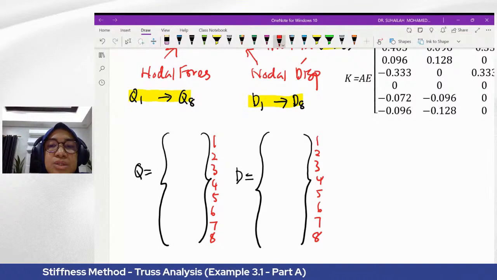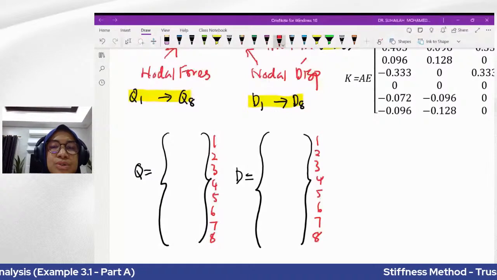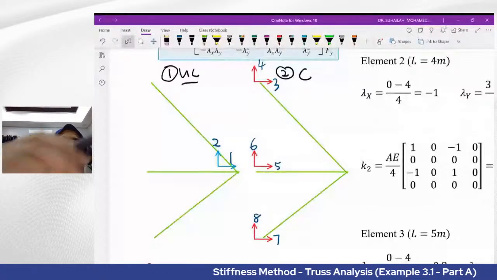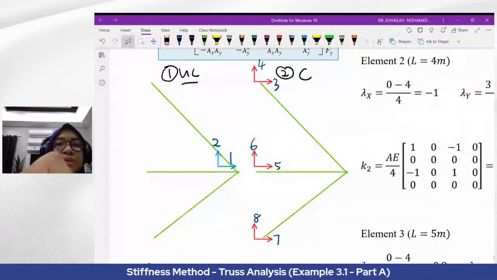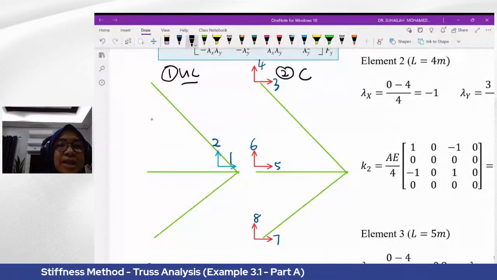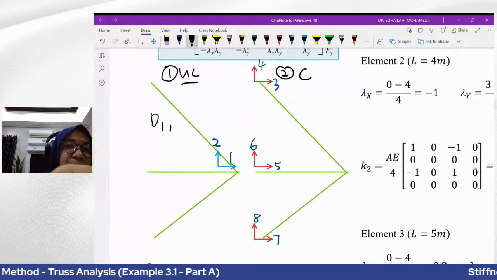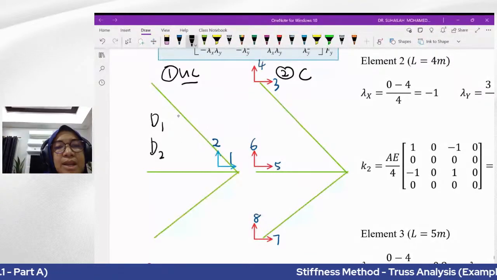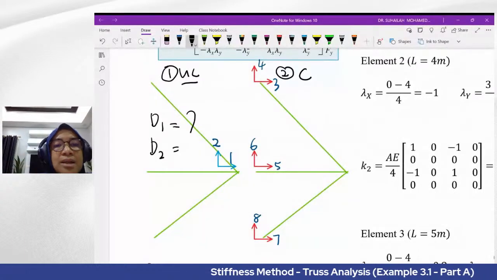Okay, Q and D, if we refer back to this, 1 and 2 here represent D1 and D2, and these are unknown.